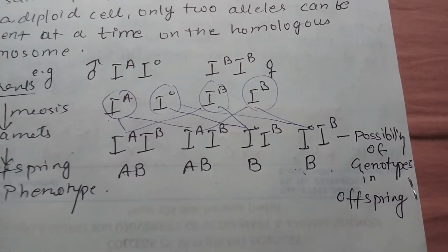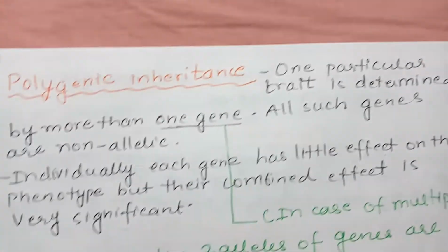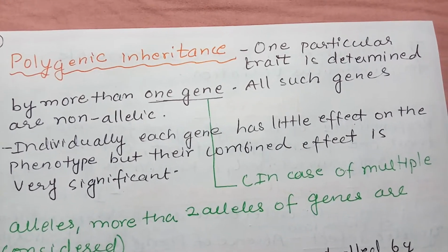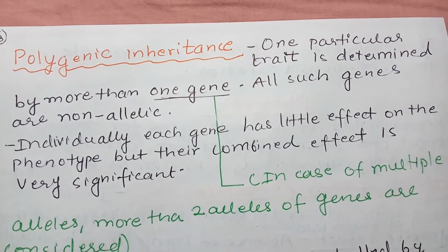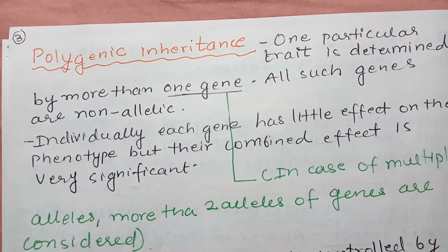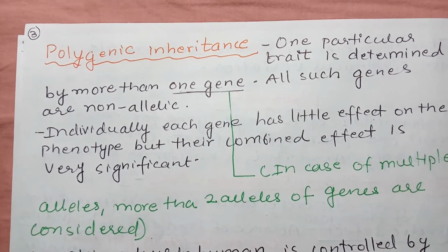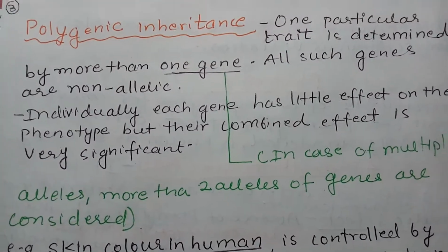Can you see? Okay. Now next is polygenic inheritance. One particular trait is determined by more than one gene. All such genes are non-allelic. Last time, what blood group we were talking about, where one character is controlled by more than two alleles, that is multiple alleles.